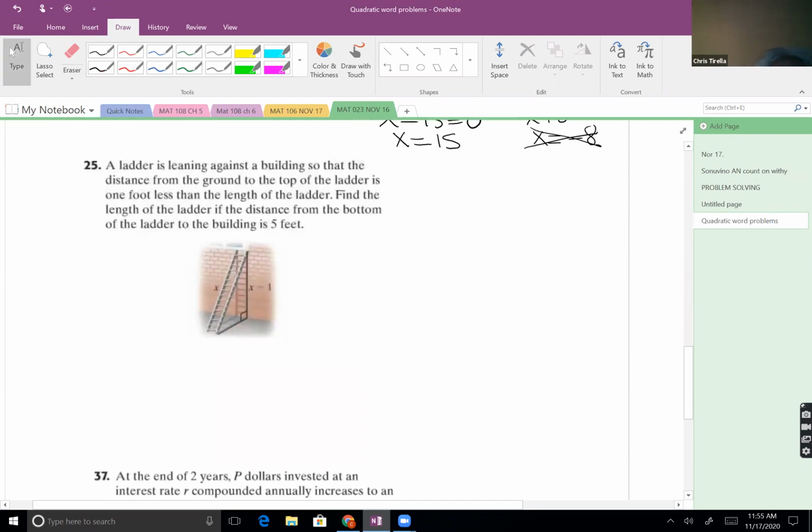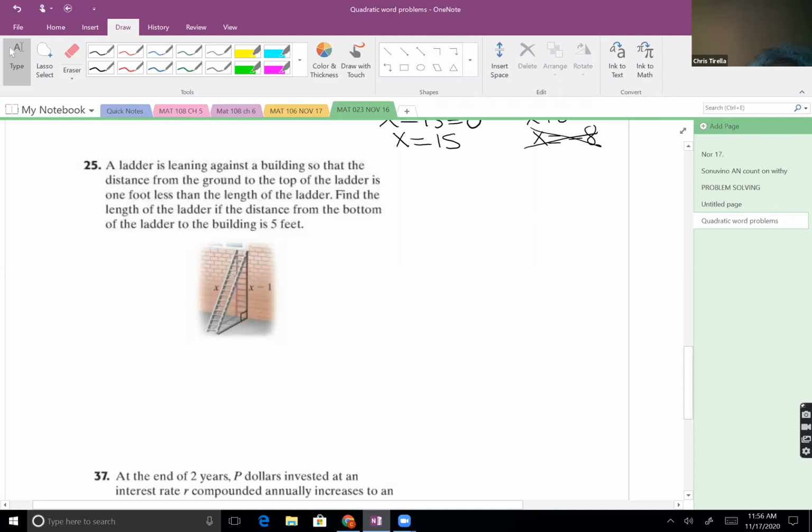Next one says a ladder is leaning against a building so that the distance from the ground to the top of the ladder is 1 foot less than the length of the ladder. Find the length of the ladder if the distance from the bottom of the ladder to the building is 5 feet.